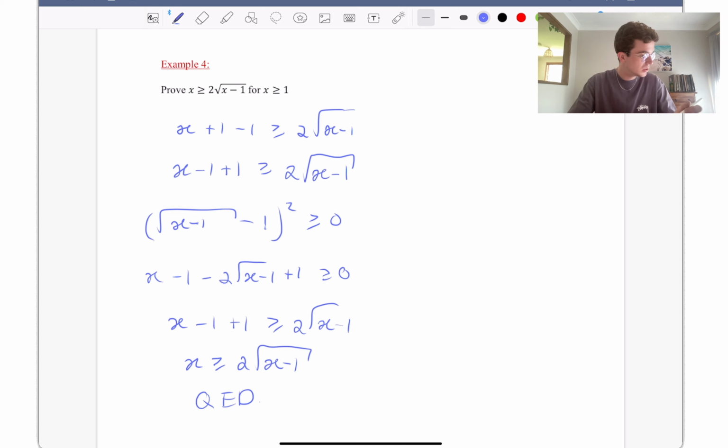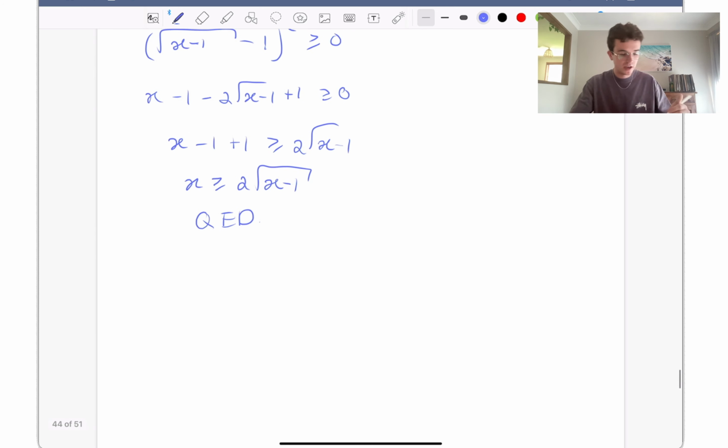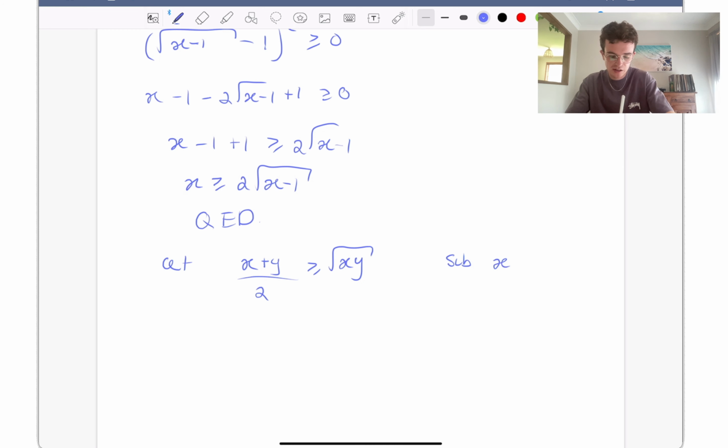We might as well do it by method 2 again. So method 2, we're going to say let x plus y on 2 be greater than or equal to the square root of xy. So that's our geometric arithmetic mean inequality. And we might sub x equals x minus 1 and y is equal to 1 into this.